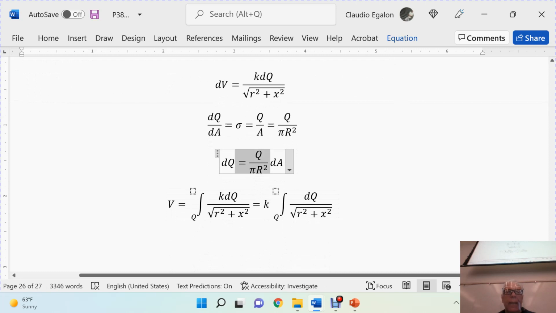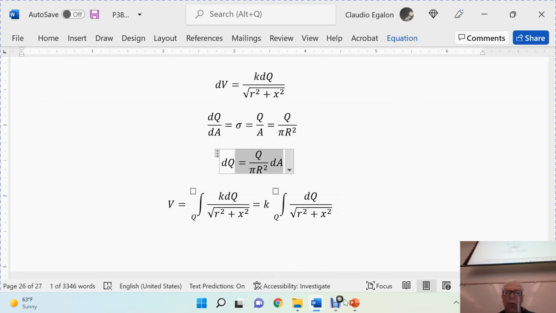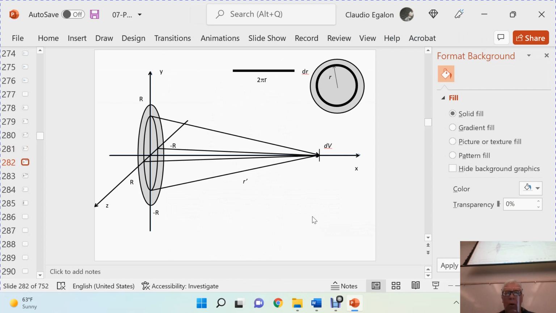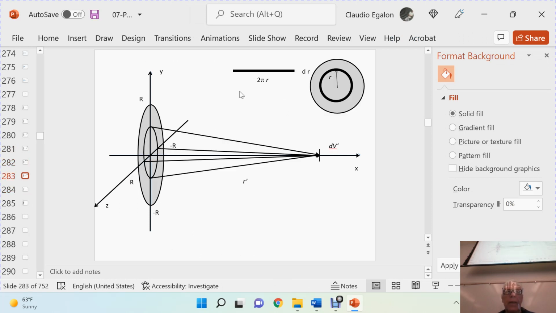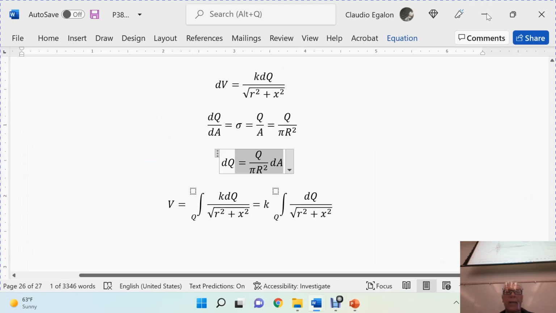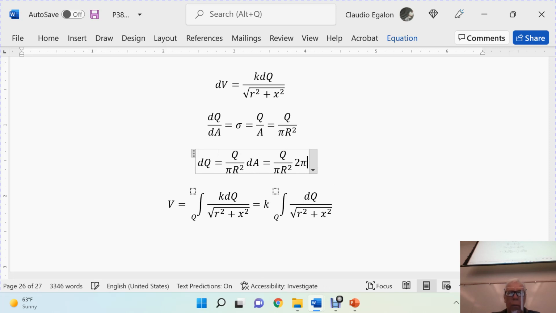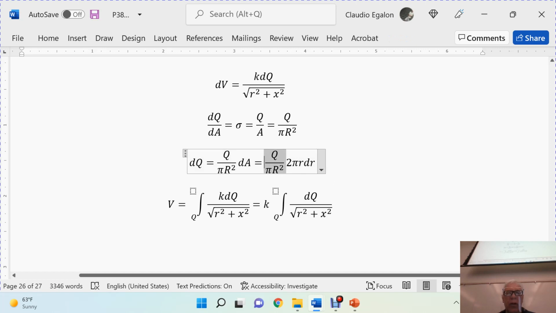And then the dA, we go back to our drawing, right? Our dA can be said to be the area of this rectangle, which has a length of 2 pi r and a width of dr, just like we did for the electric field, right? 2 pi r dr. We can go another step.